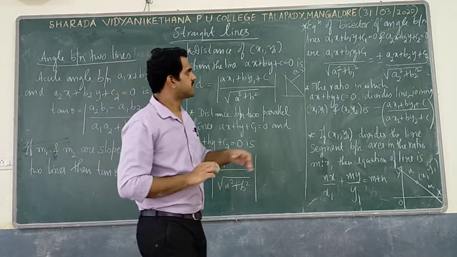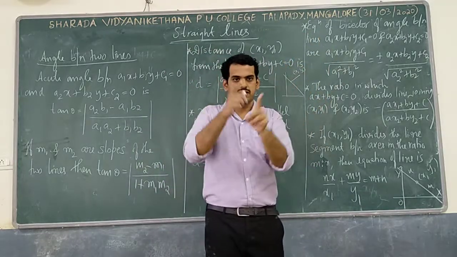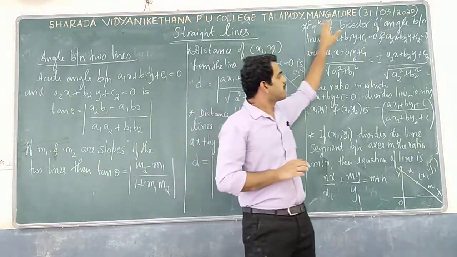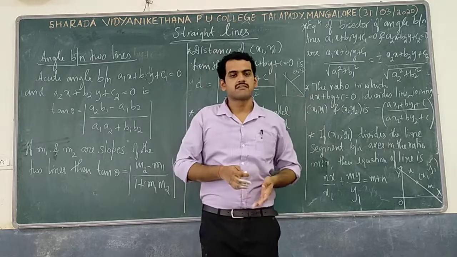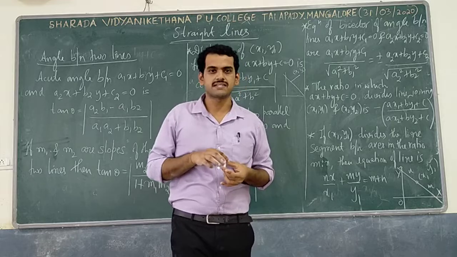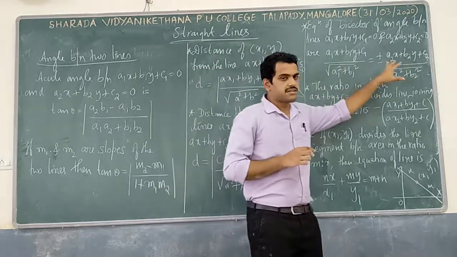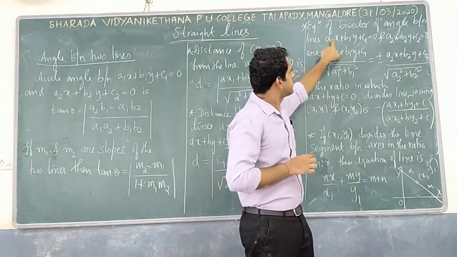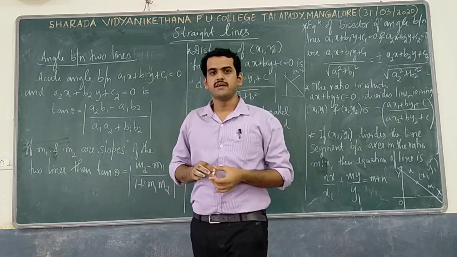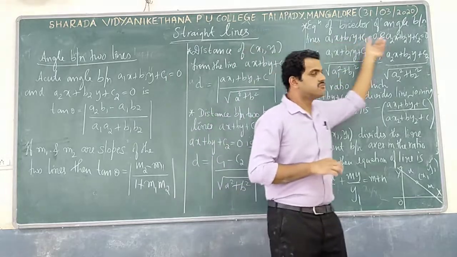Now, a few more results I would like to get here. You take any two intersecting straight lines, then the equation of the bisector, exactly, the equation of a line which bisects. There are two possibilities: one is the acute angle bisector, another is the obtuse angle bisector. Both equations can together be written like this. Take two lines, a1x plus b1y plus c1 equal to 0 and a2x plus b2y plus c2 equal to 0, as the equations of the two lines.